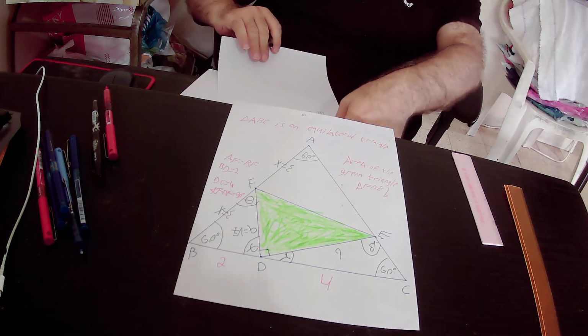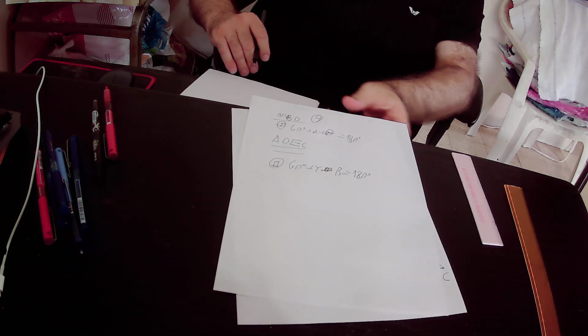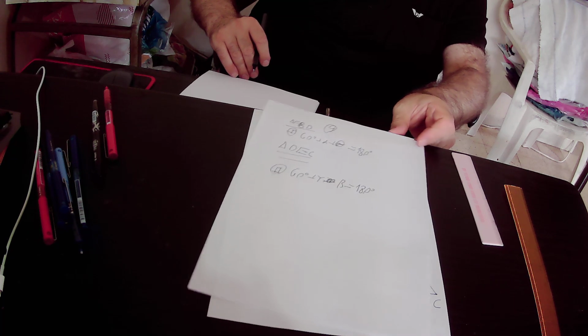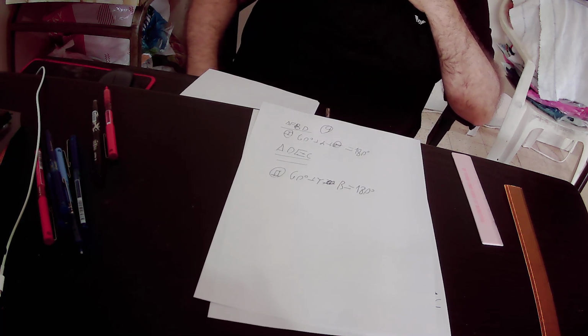So actually our second equation states that the sum of the angles in triangle DEC equals 180 degrees.